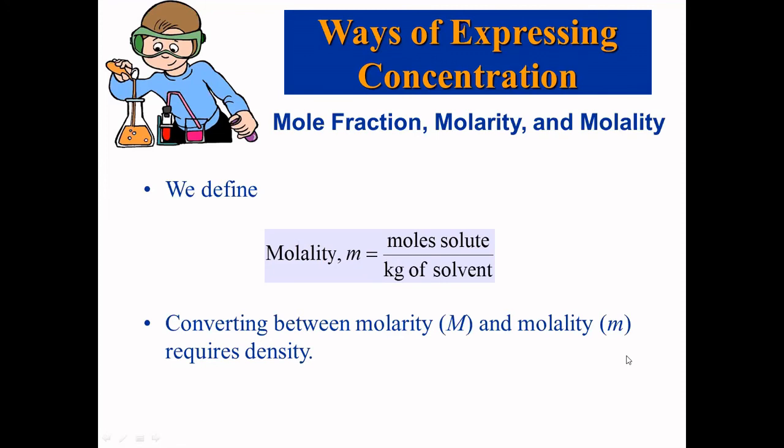Let's see. I will annotate here so we don't get confused. You have molarity, and we would like to convert it to molality. The unit of molarity, I'll place it here, is moles solute per liter solution.